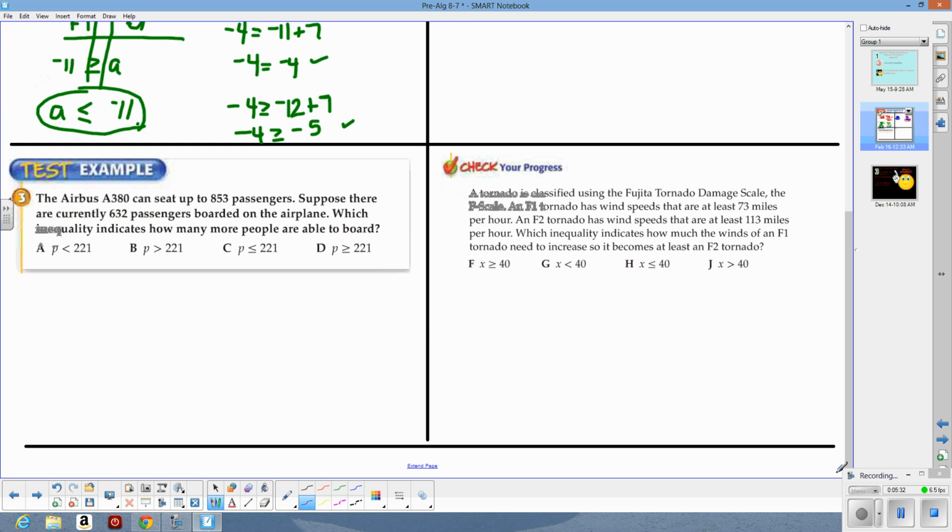Our last two examples are word problems. Number 3 says the Airbus A380 can seat up to 853 passengers. Suppose there are currently 632 passengers boarded on the plane. Which inequality indicates how many more people are able to board? Well, let's start out by writing an inequality and solving it.